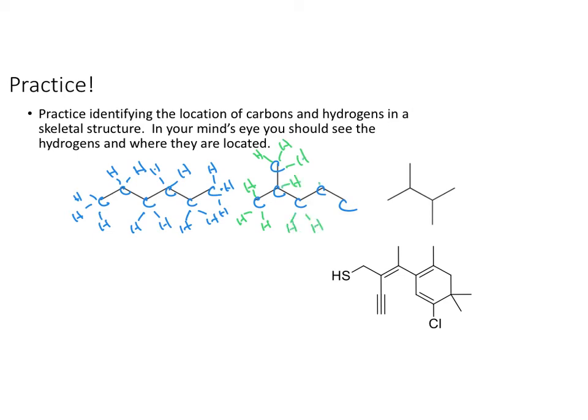This has 2, 2, 3. Okay, over here we've got carbon here, here, here, here, here, and here. And then we can add in our hydrogens to get to a total of 4 bonds for each carbon.